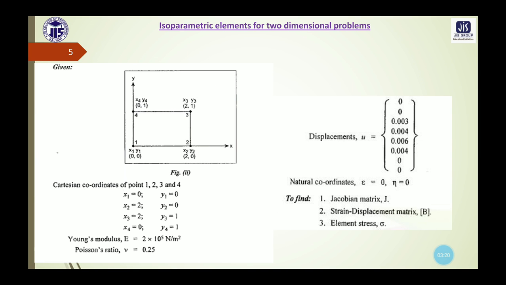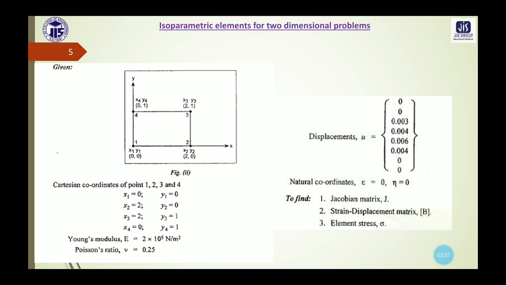Now let us start the procedure to find all the three different things. First we will identify and write what are the things given in this numerical, and from that what are the things we need to find ultimately. Here the coordinates of this quadrilateral element are given. For node 1 the coordinate is 0 0, that means x1 is 0, y1 is 0.